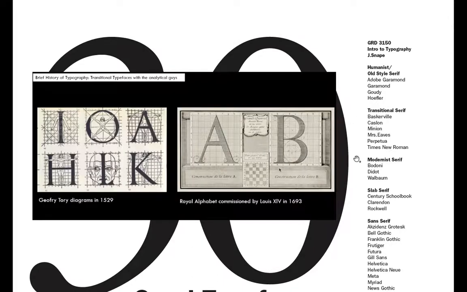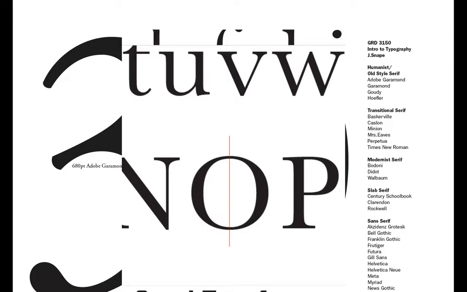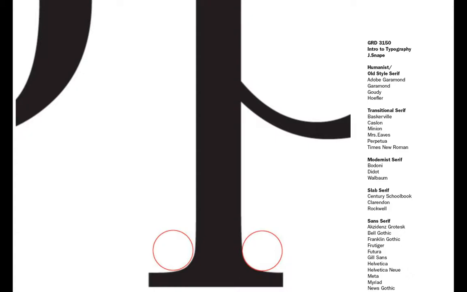There's transitional serifs, which, if you remember, Baskerville and all of these guys took a more structured and measured approach. The letters were heavier in contrast, like the thick and thin lines. The O's, instead of being slanted, they became vertical. And then there's bracketed serifs.